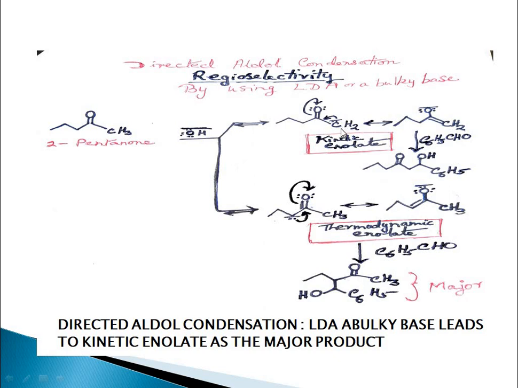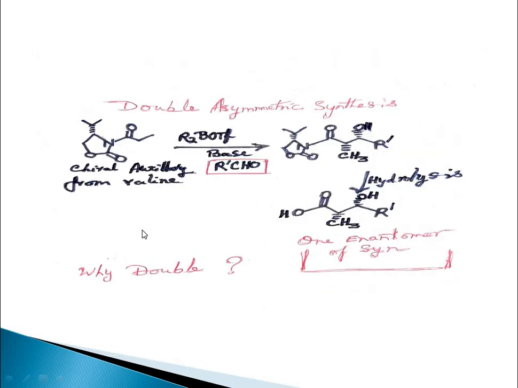So the kinetic enolate this time will be the major product, leading to the kinetic product being the major one rather than the thermodynamic product. Since we are directing, we are controlling the reaction. So this is directed aldol condensation leading to the kinetic enolate as the major product. And this is termed regioselectivity, unlike stereoselectivity.